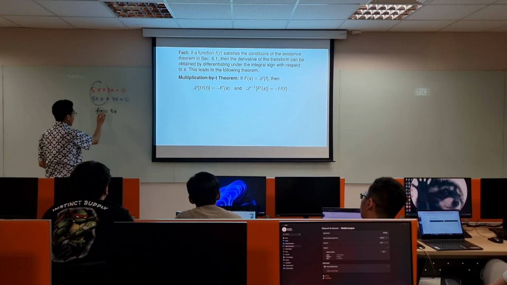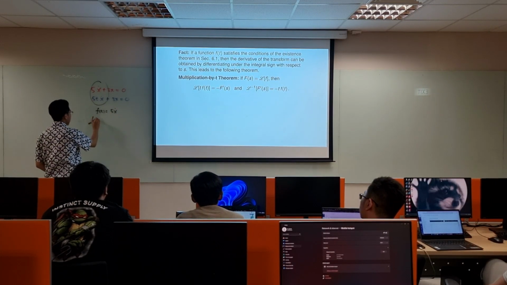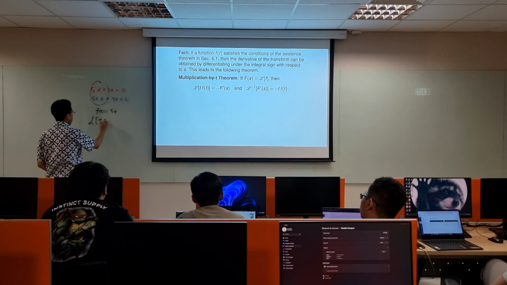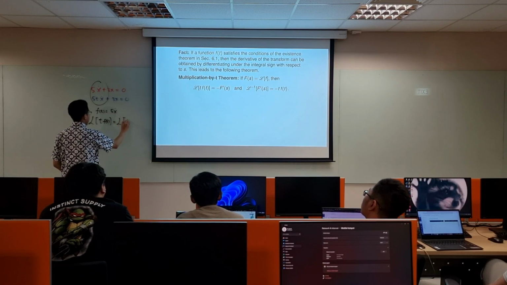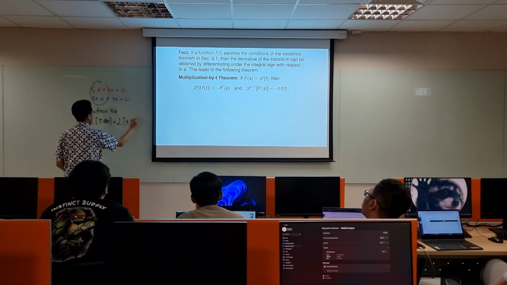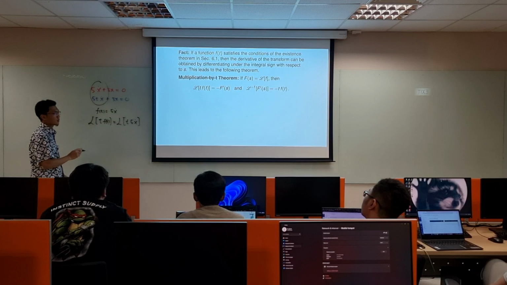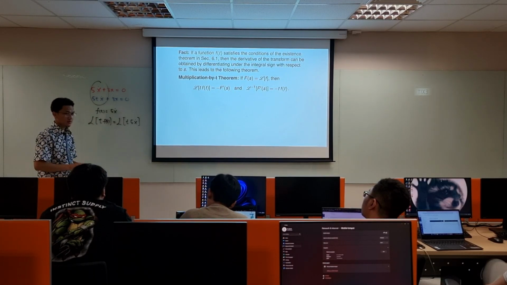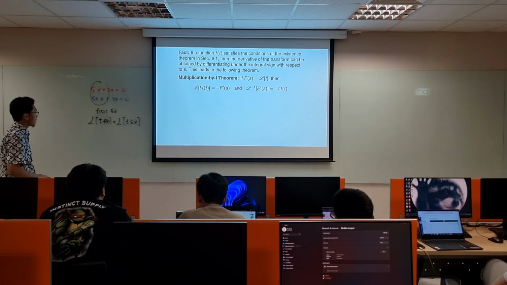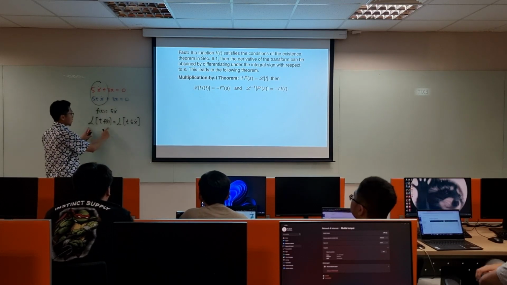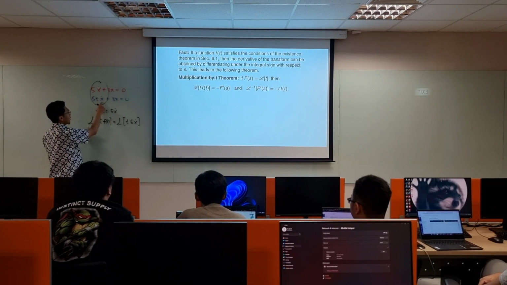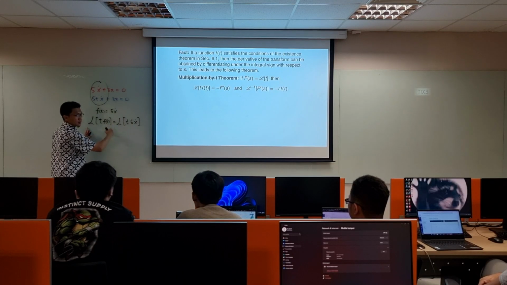Then we want to find the Laplace transform of t times f(t), which is the Laplace transform of t times 5x dot. Do you understand what I mean? It's from here, so we rewrite it like this.